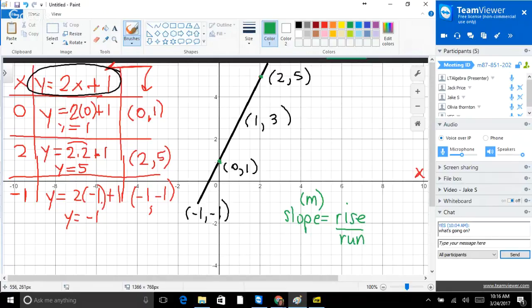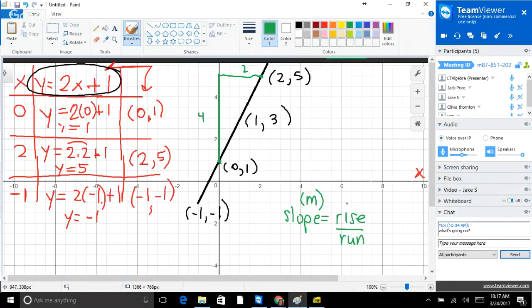Okay, so to get from my first green point to my second green point, I need to rise 1, 2, 3, 4. Okay, so I rise up 4 spots. Okay, but I'm not quite there to my spot yet because I have to run. I have to run across here 1, 2 spots.